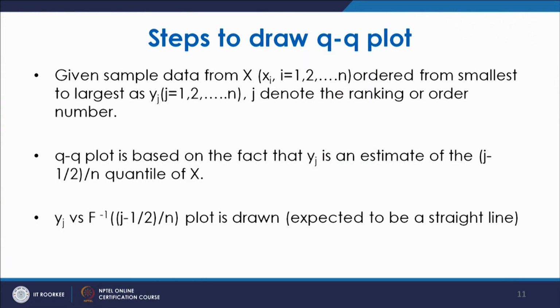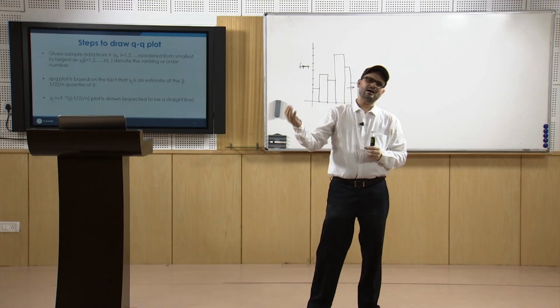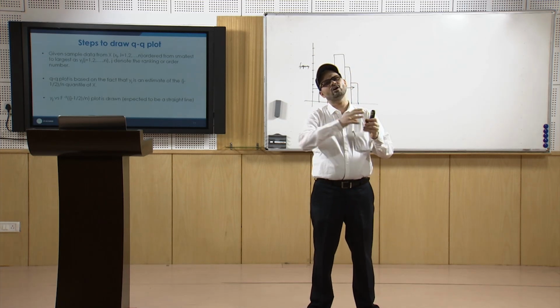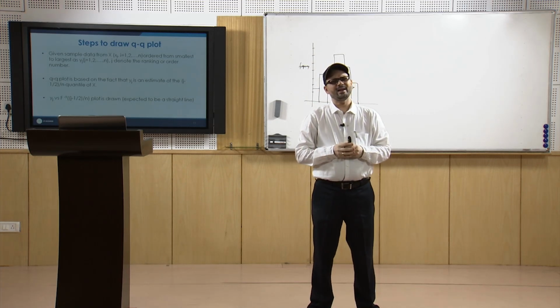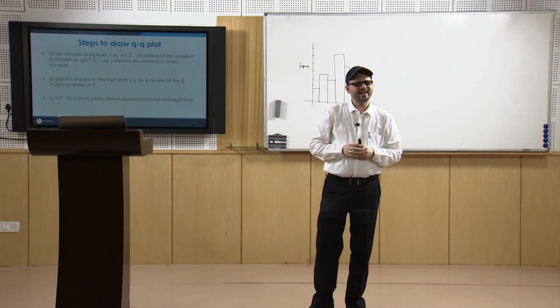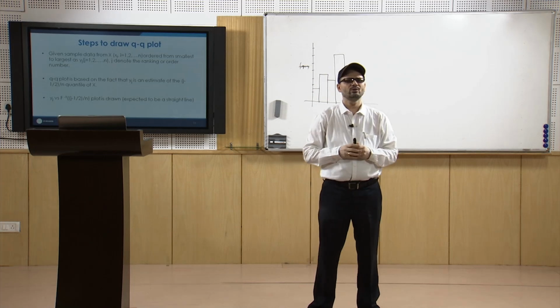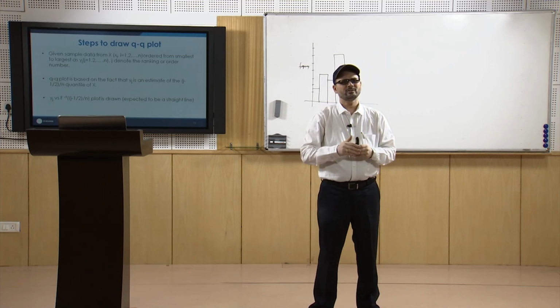Suppose you have xi as the values, x1, x2, x3, not in any order. You put them in ascending order. Earlier the data was not in order, now it is, and that is Yj. Then Yj versus F inverse of (j minus 1/2) divided by n is plotted.